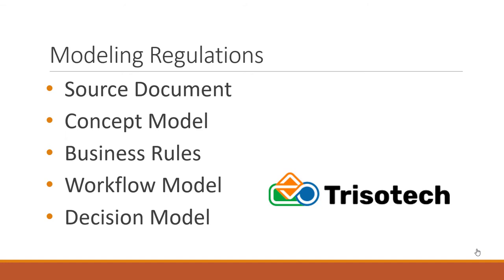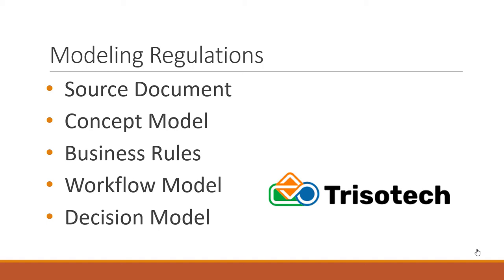So modeling regulations involve these 5 basic elements. First, we have the source document. And from this source document, we create a concept model of the area that's being regulated. From that concept model, we create an understanding of the terms associated with the source document.